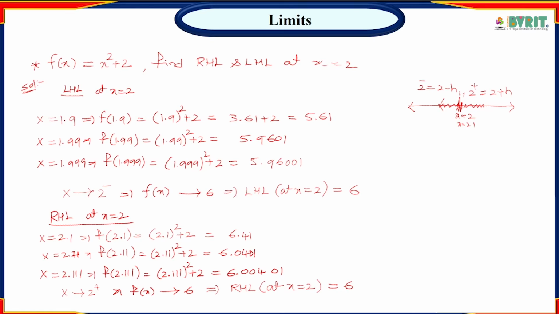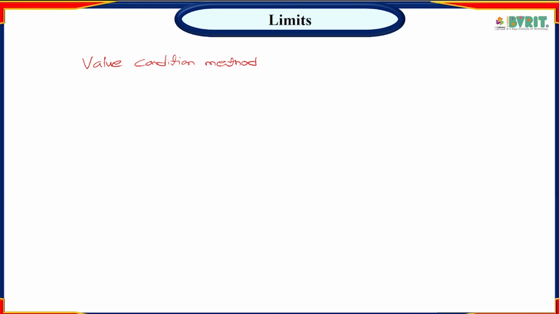This method is not used, just for your understanding. This method is also known as the value condition method. Okay, we are taking the real line. On the real line, at x is equal to 2, the point we are taking is x is equal to 2.1.